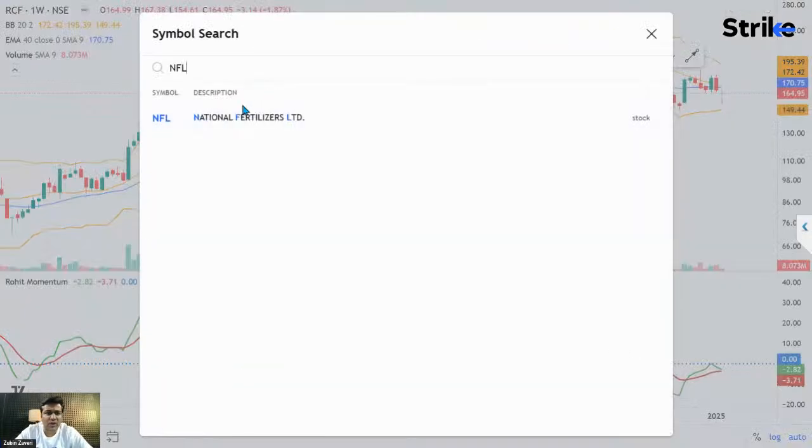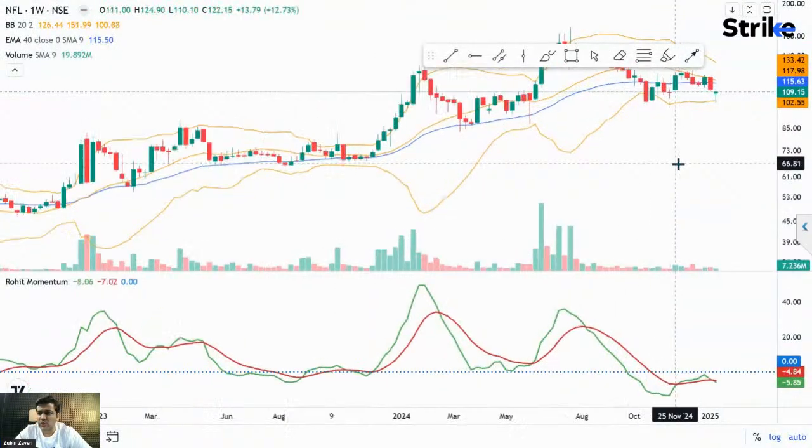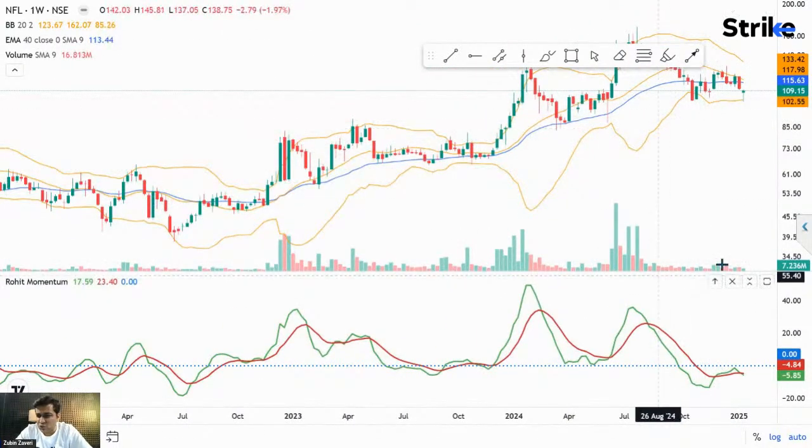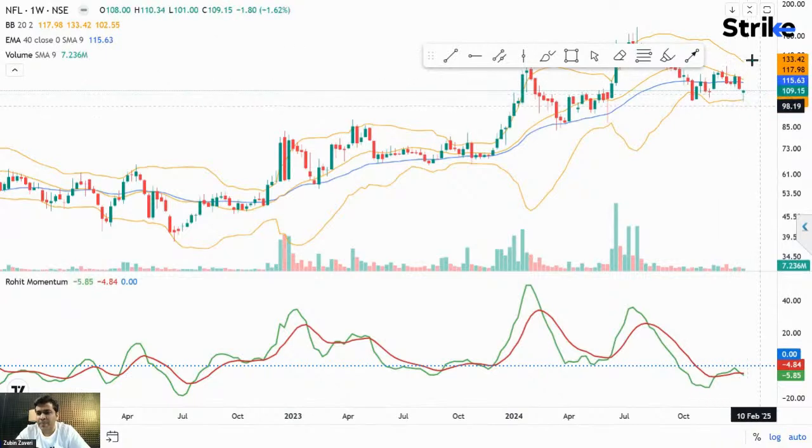NFL. Let me look at National Fertilizers. So on the weekly chart, the Bollinger Bands are contracting towards each other, so not much momentum can be expected. There is no volume also as such right now. So we'll have to see whether this stock is moving above its moving averages resistance with volume or not.